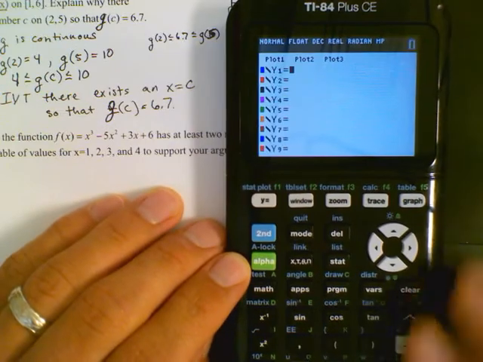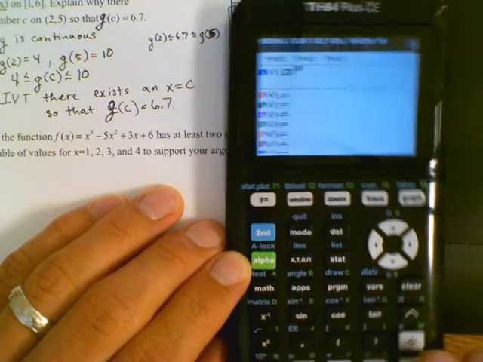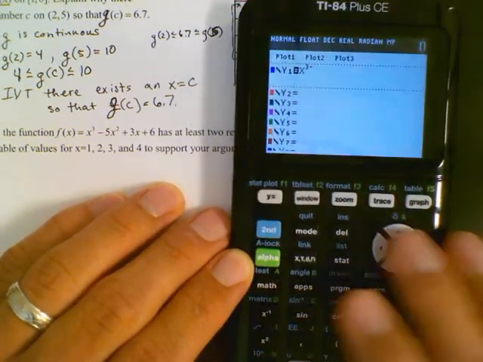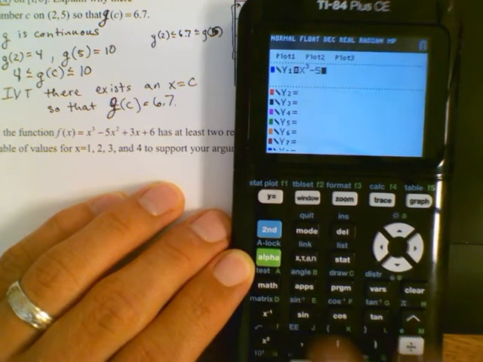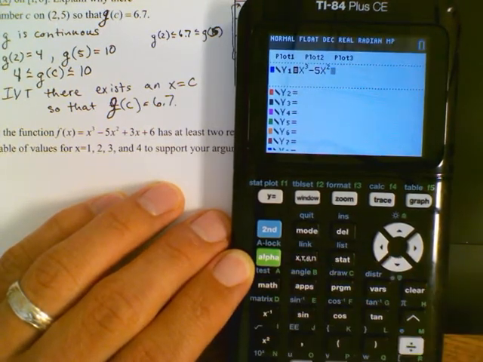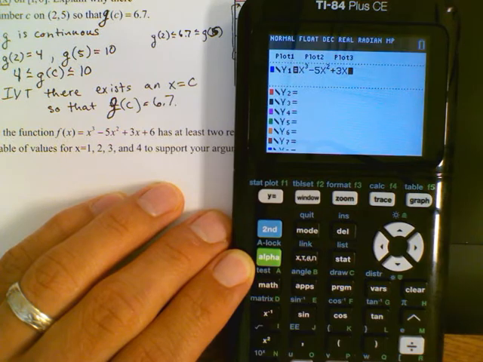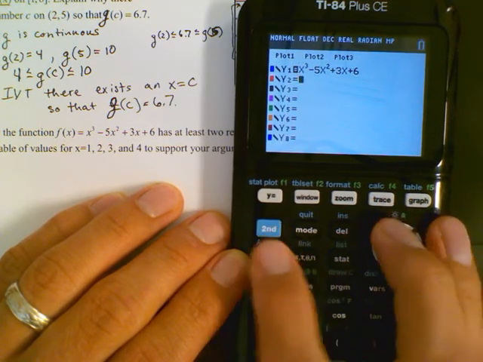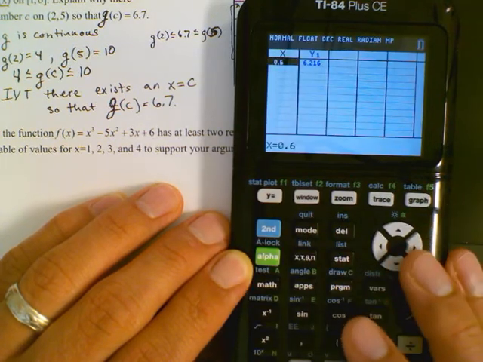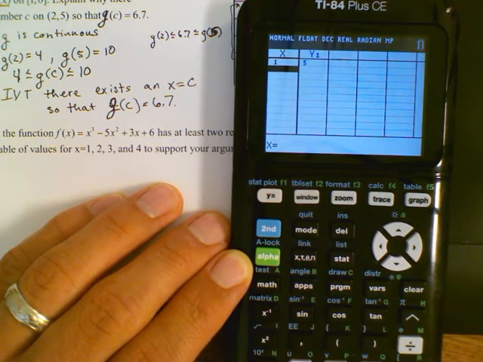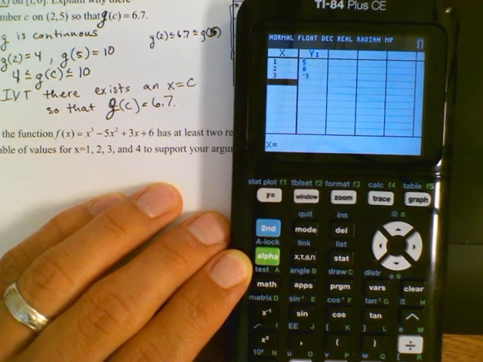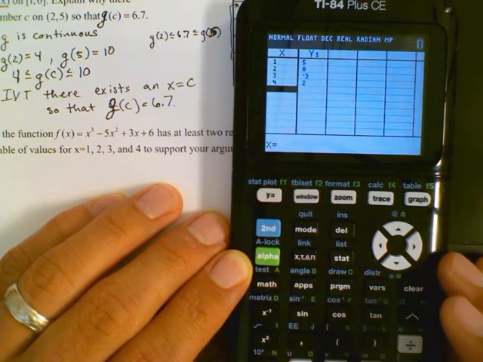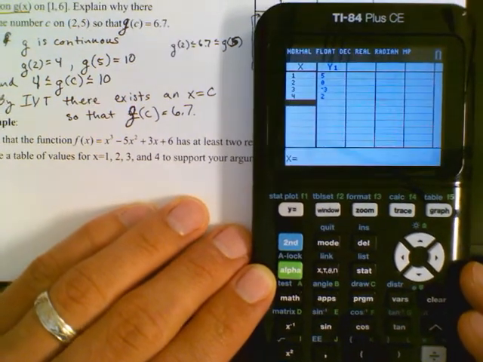Here's my calculator: x to the third minus 5x squared plus 3x plus 6. I'm going to push second table, and ask the table to report 1, 2, 3, and 4.